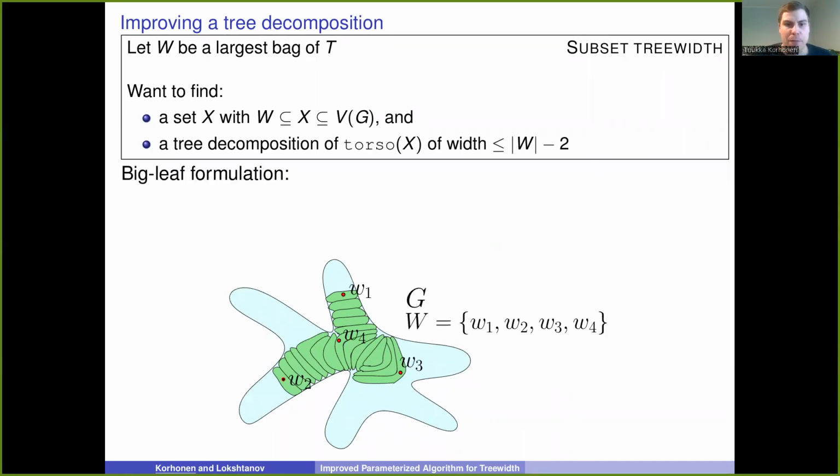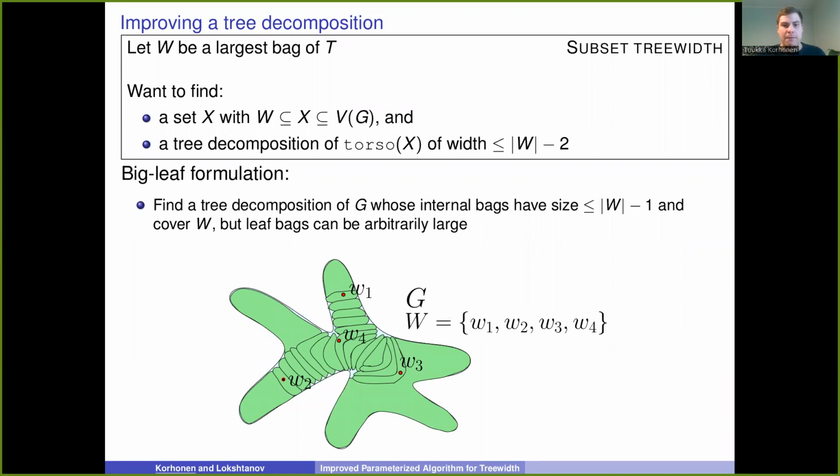And there is an alternative formulation, a big leaf formulation: we want to find a tree decomposition of the whole graph G so that the internal bags of the tree decomposition have width at most this. And this set W is contained in the internal bags, but the leaf bags can be arbitrarily large. So this is the big leaf formulation of this subset treewidth problem.